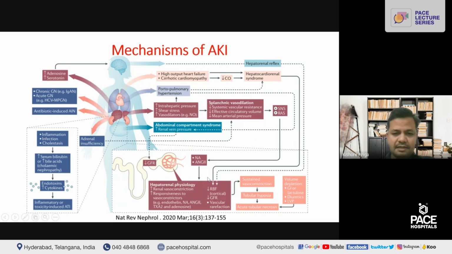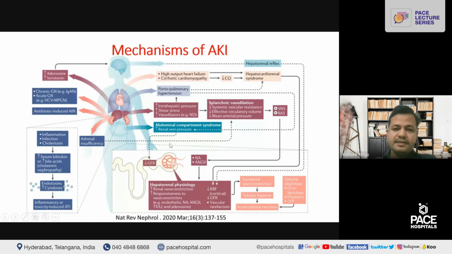There are many other pathophysiological causes for AKI in patients with cirrhosis, like abdominal compartment syndrome, where because of the increased intra-abdominal pressure, there will be increased pressure on the renal vein. As the renal venous pressure increases, this will lead to decreased glomerular filtration rate.